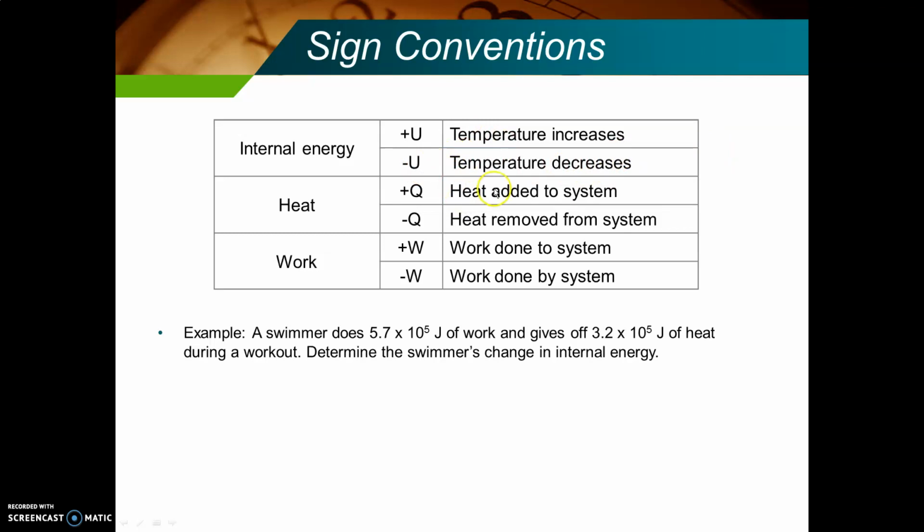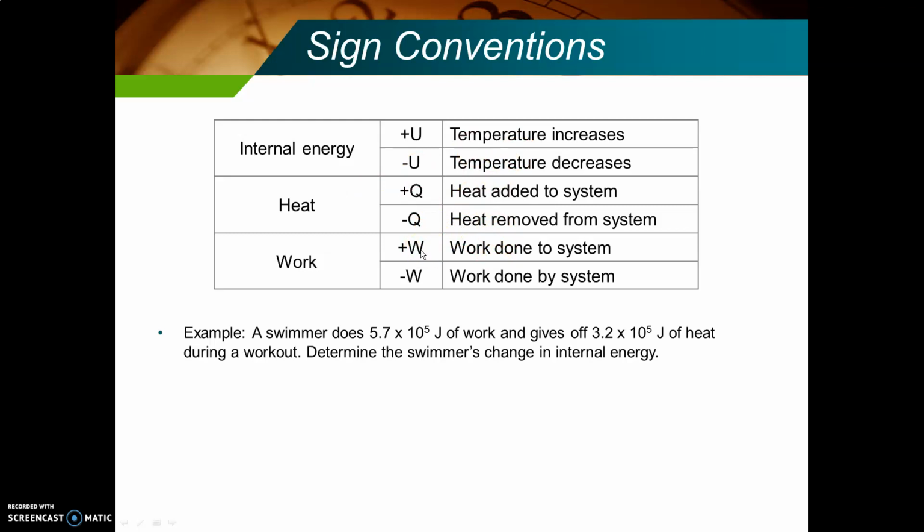If you add heat to a system or an object, then that object gained joules, so heat would be positive. If heat was removed from the system, like you put it in the freezer, then those heat joules are going to become negative because they're going away. If you do work to a system, it becomes positive.